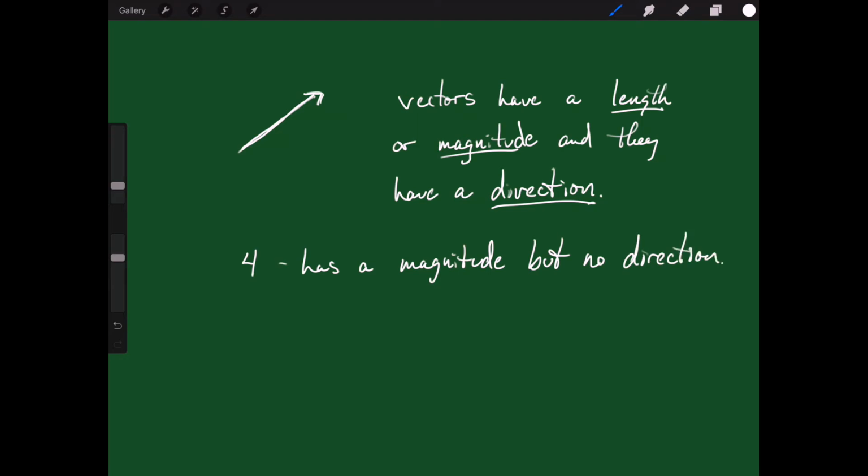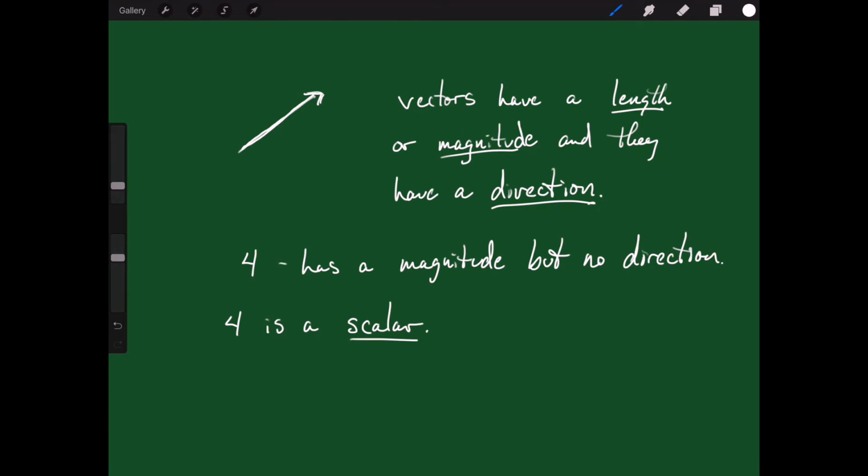Numbers that have magnitude but no direction, we typically call scalars. So 4 is a scalar. We call numbers like 4 scalars because we want to differentiate a scalar from a vector. Vectors have magnitude and direction, while scalars just have magnitude. Scalar is just our fancy math word for a normal number, or a real number.